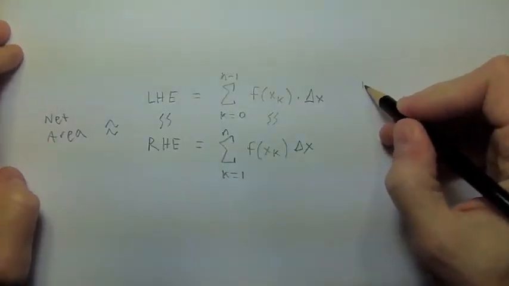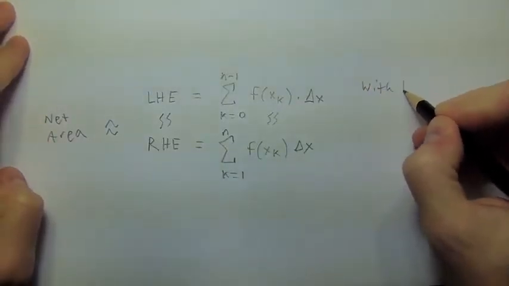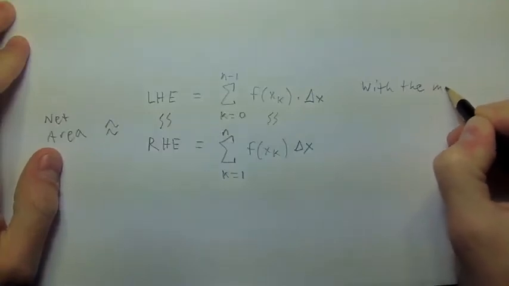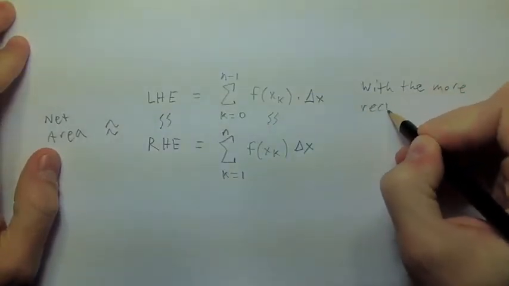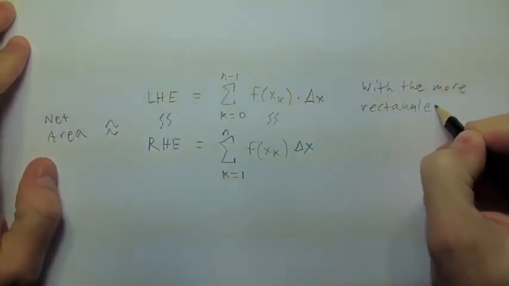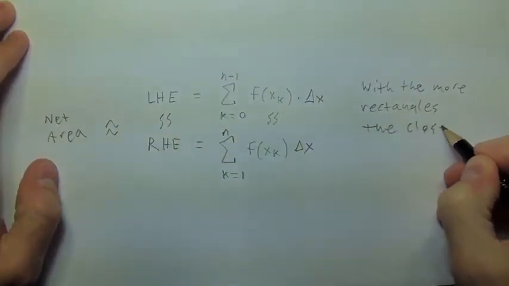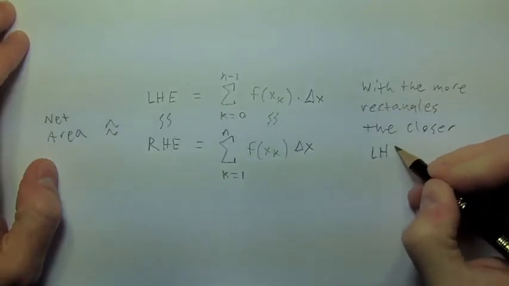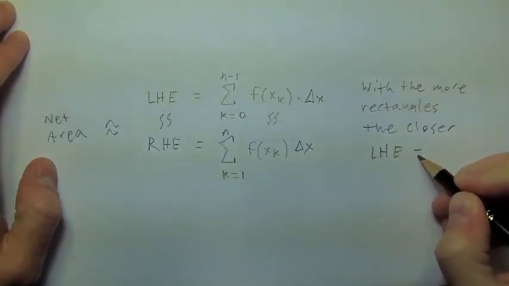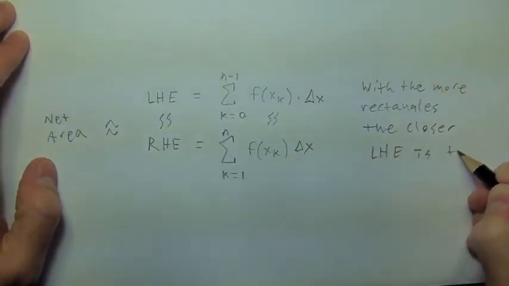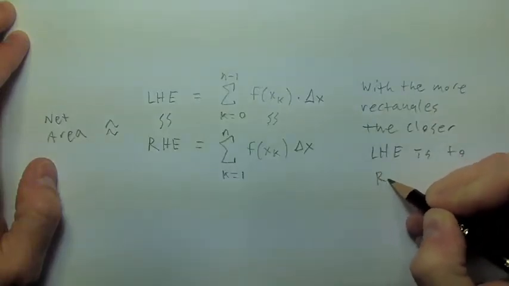So with more rectangles, the left-handed estimate is closer to the right-handed estimate.